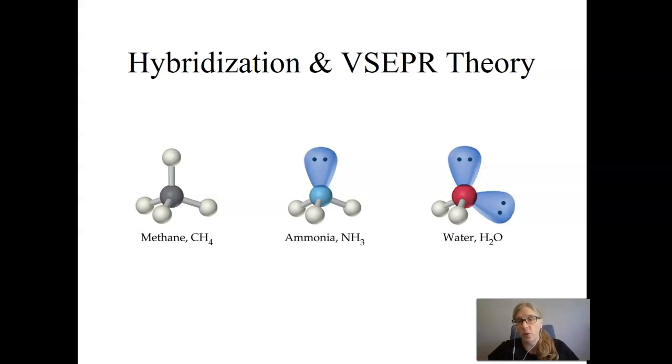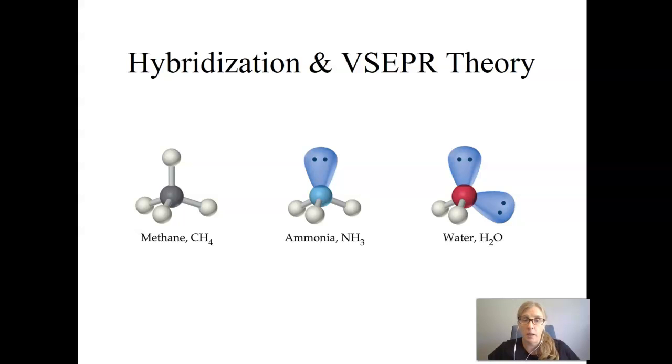So this relates to our VSEPR theory, where we look at the bonding and non-bonding domains. In this case, all 3 of these molecules, methane, ammonia, and water, would have sp3 hybrid orbitals. So they would all have a tetrahedral arrangement of their electron pairs around the central atom.